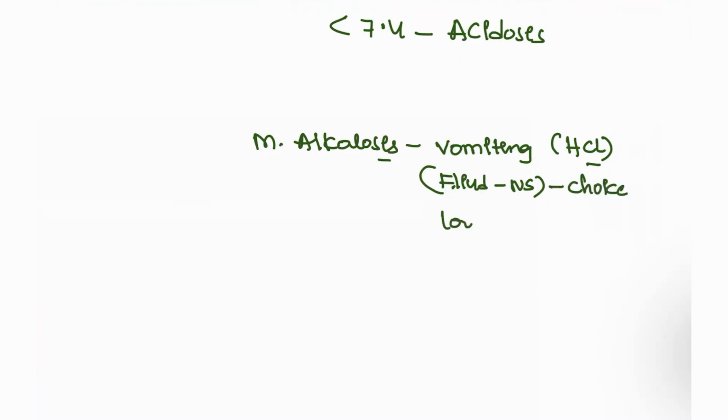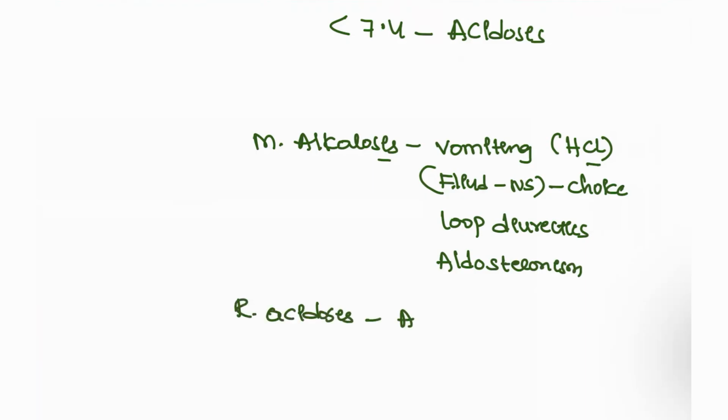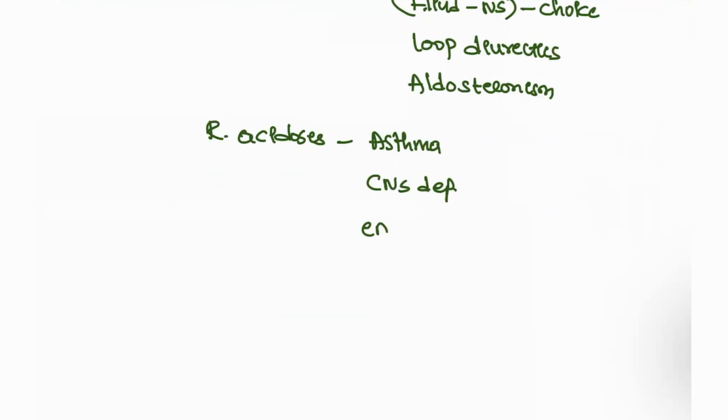And the other causes are the loop diuretics and aldosteronism. Next, respiratory acidosis: asthma, CNS depression, and also emboli or obstruction, we can say.